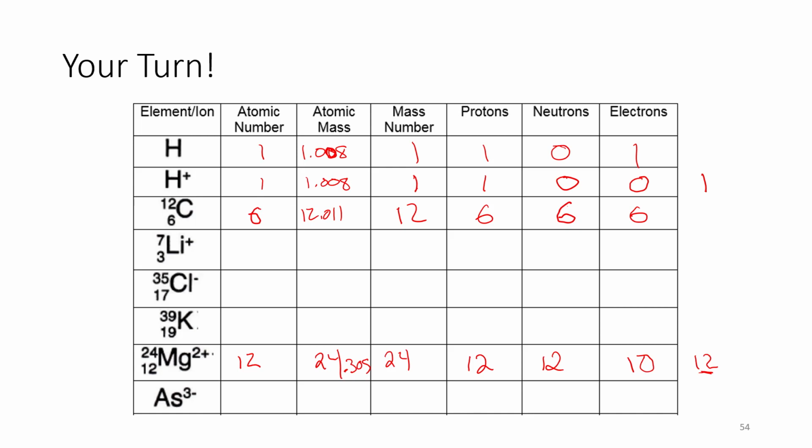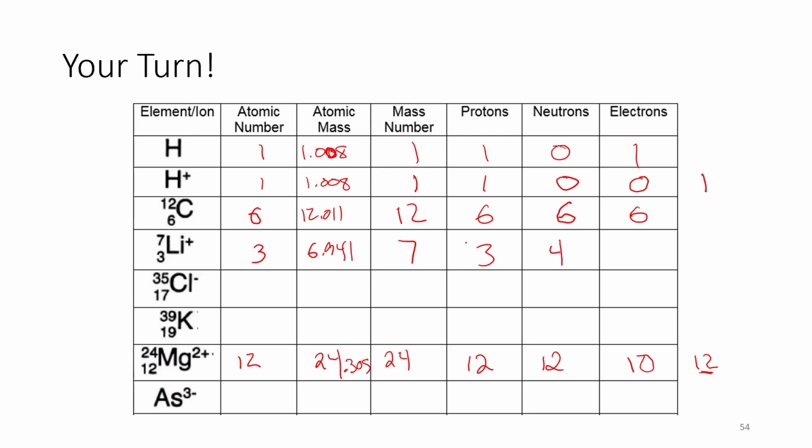Next one, lithium. Lithium has an atomic number of 3. On the periodic table, we can see lithium is 6.941. The mass number is 7. How many protons? 3. How many neutrons? Well, neutrons equals 7 minus 3 to give us 4. And electrons.